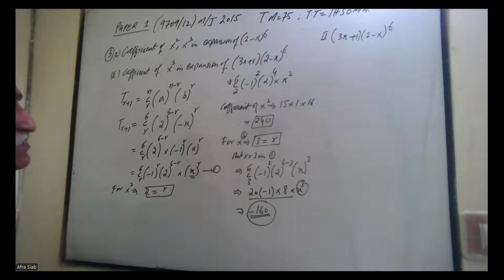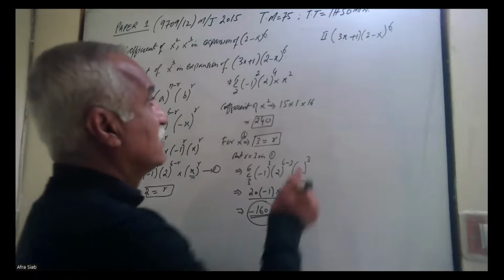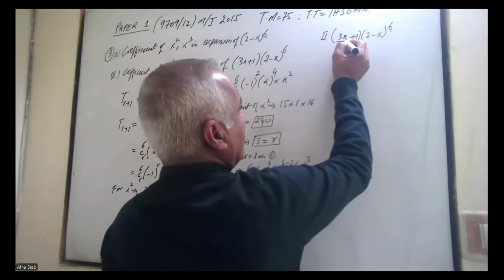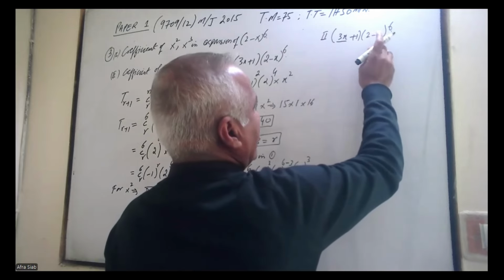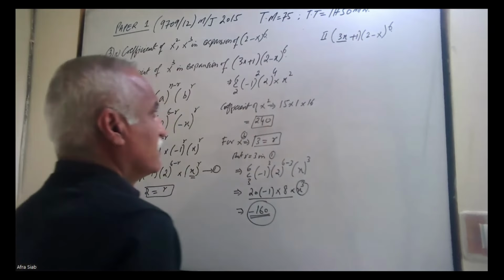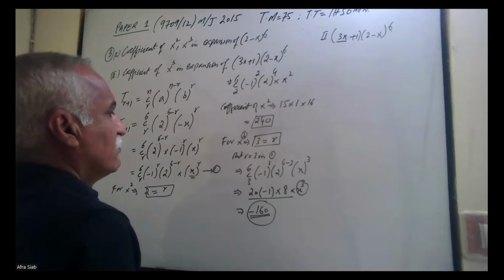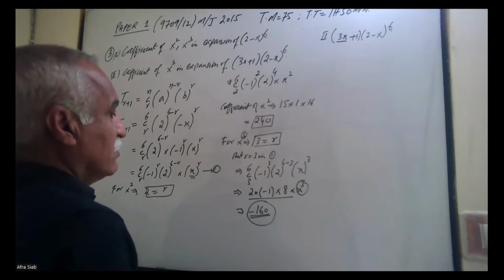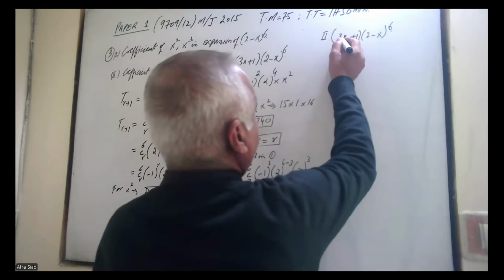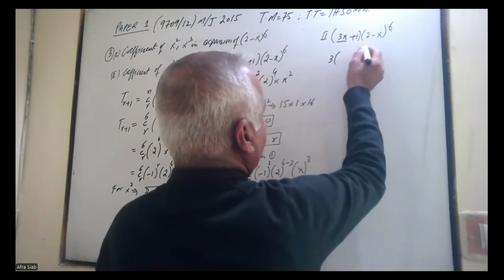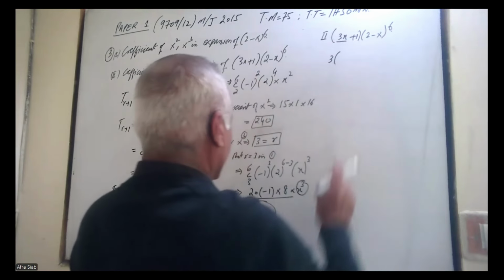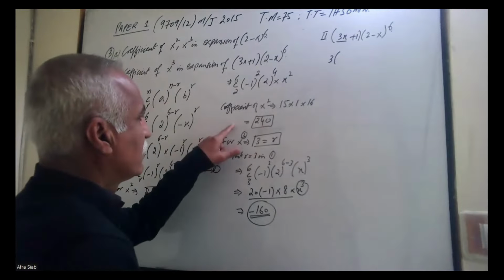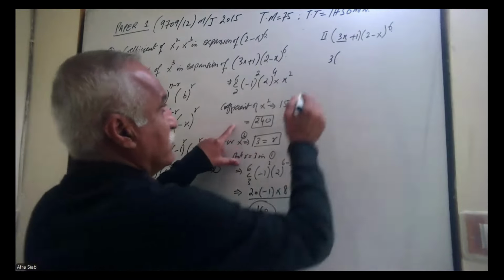So this means this 3x is going to be multiplied with the expansion of (2 minus x) power 6. So we need the x square term, and the coefficient of x here is 3, and the x square coefficient we found in the first part, which is 240.